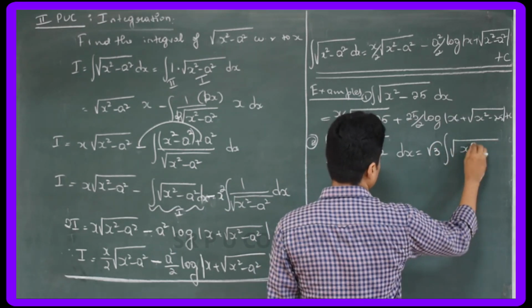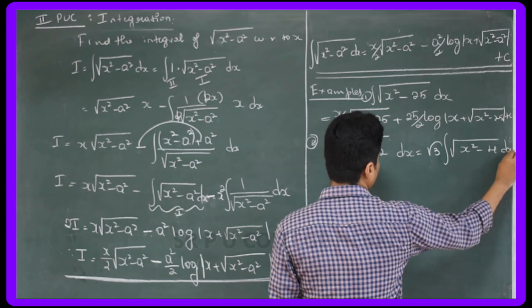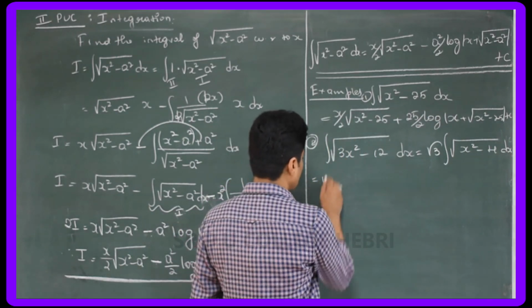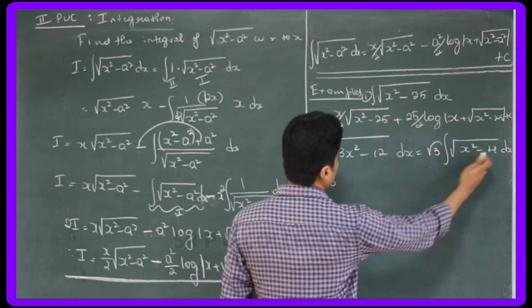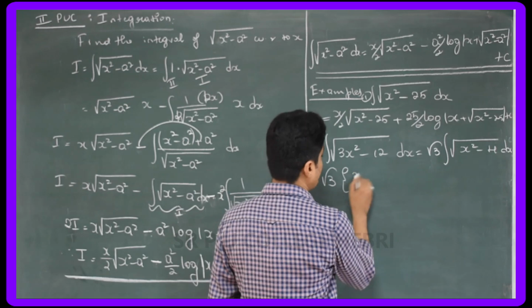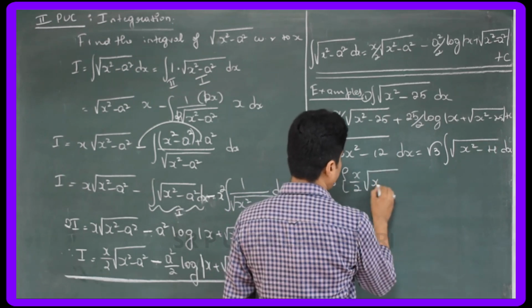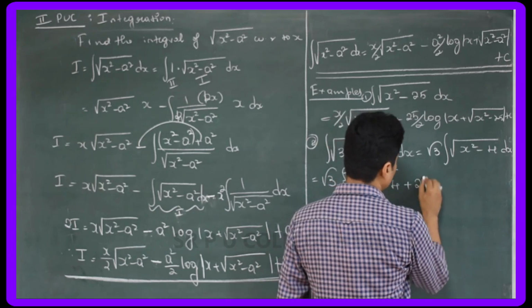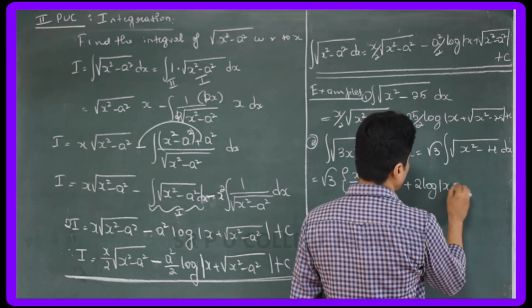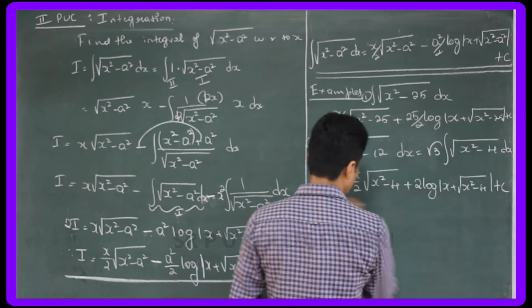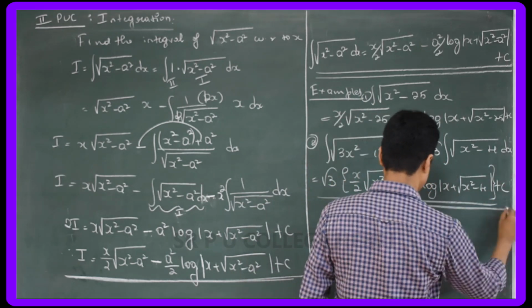Inside you will get x square minus 4, 12 by 3 is 4. So this is nothing but root 3 into root of x square minus a square. So this will be x by 2 into root of x square minus 4 plus 4 by 2 log of x plus root of x square minus 4 plus c, and this will be the final answer.